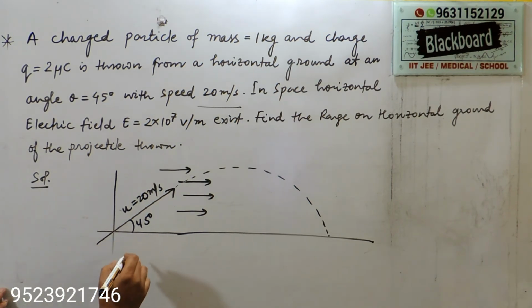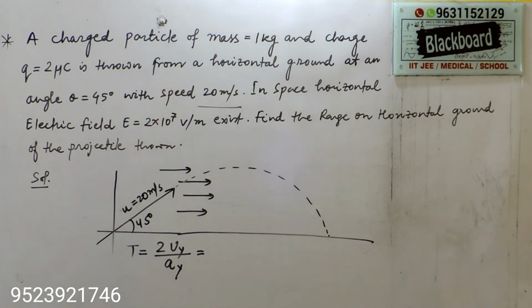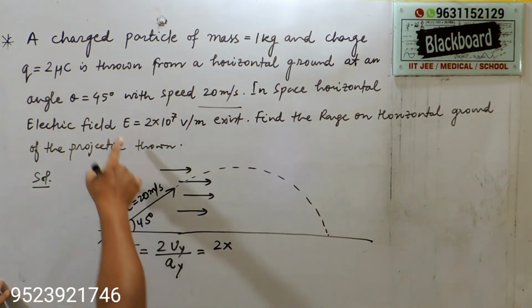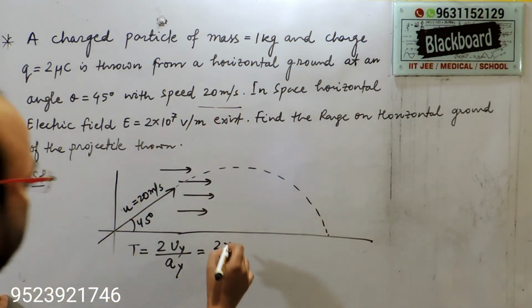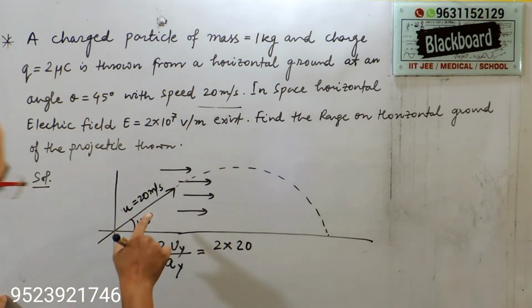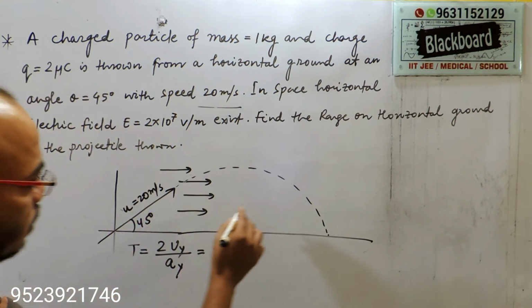Here, according to the question, time of flight T is equal to 2 Uy by Ay, that means acceleration along y direction. Here 2 Uy, and velocity is given as 20 meter per second.